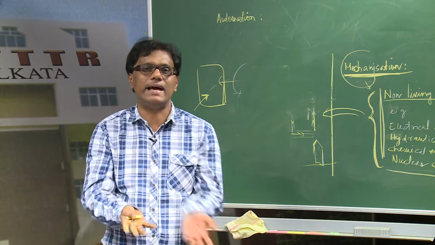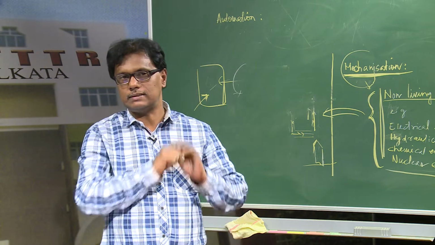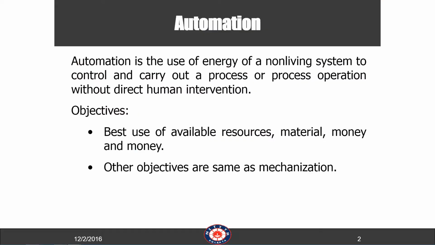If it is fully eliminated, then it is called a fully automated system. So, automation is the use of energy of a non-living system to control and carry out a process or process operations without human intervention.